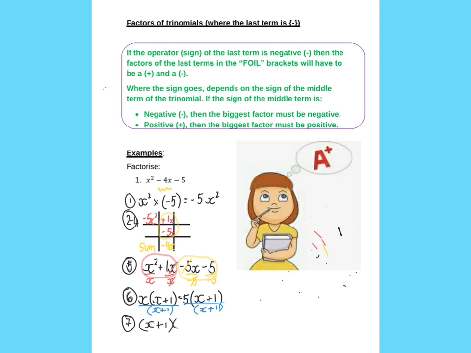Now in the second set of brackets I write the remaining values from each of those terms. X plus 1 divided by x plus 1 in each term becomes 1. Remaining in my first term I have x, and in my second term I have negative 5. So x minus 5 goes into my remainder brackets. And there you have it. You have factorized a trinomial where the last term is negative.